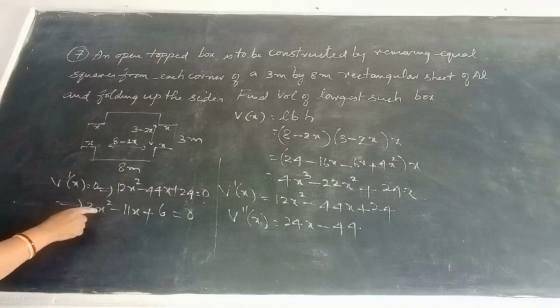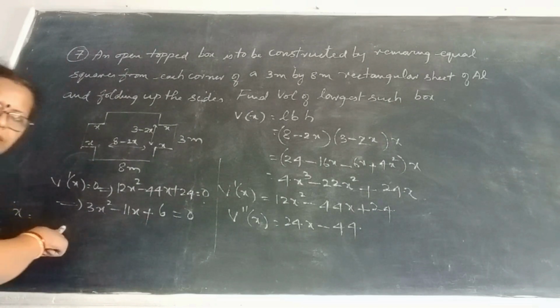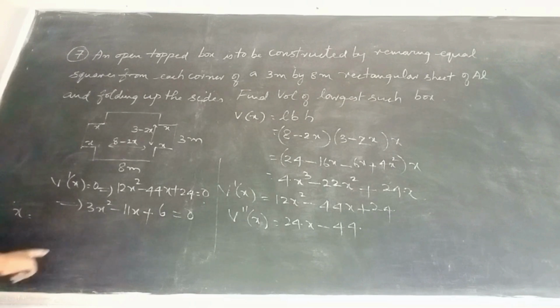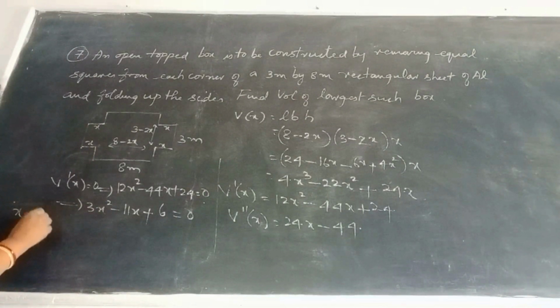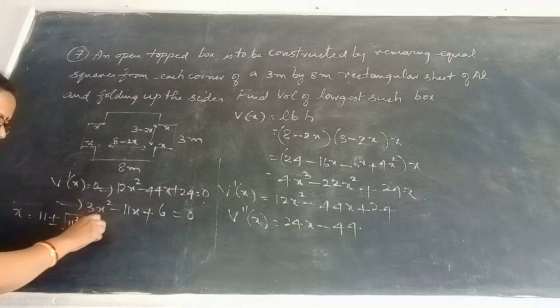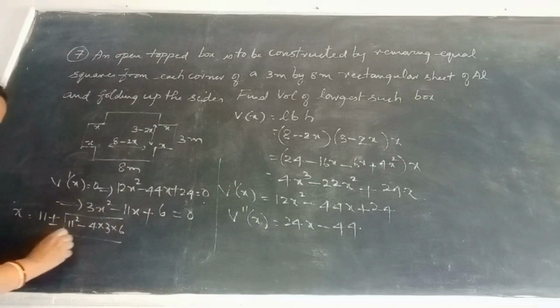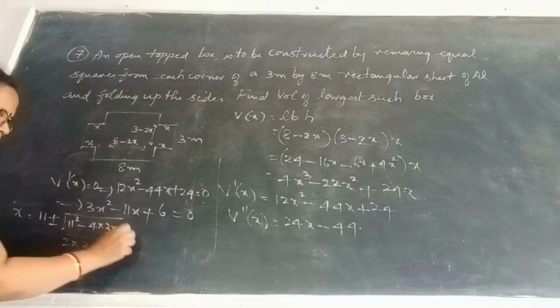Let us use the formula method. x equal to negative b plus or minus root of b squared minus 4ac, divided by 2a. So x equal to 11 plus or minus root of 11 squared minus 4 into 3 into 6, divided by 2 into 3.